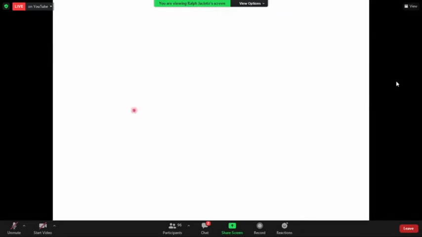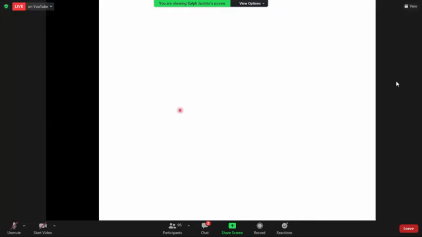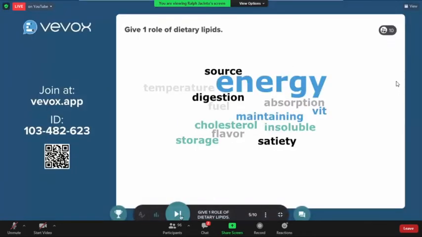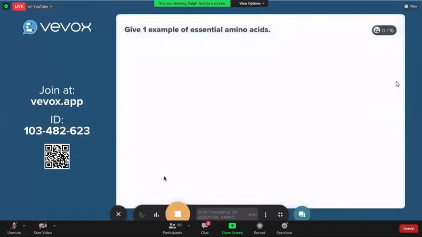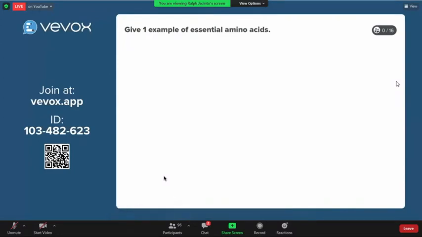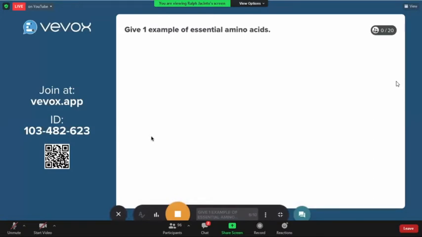Okay, so let's go back to the VVOX. Okay, so this one: give one example of an essential amino acid. So this is easy, right? They are essential amino acids. So you can type in your answers.